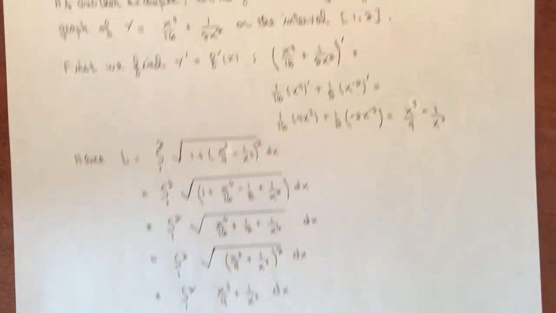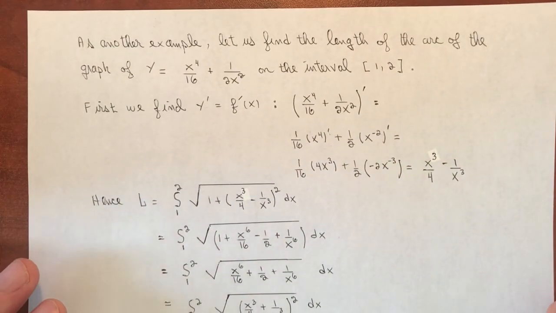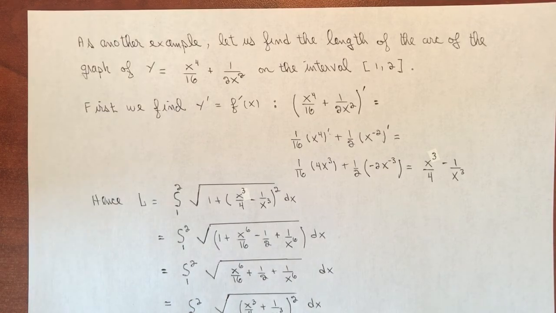One more example here. This time let us consider the length of the arc of the graph of y is equal to x to the 4 over 16 plus 1 over 2x squared on the interval 1, 2. First, as usual, we find y prime or f prime.